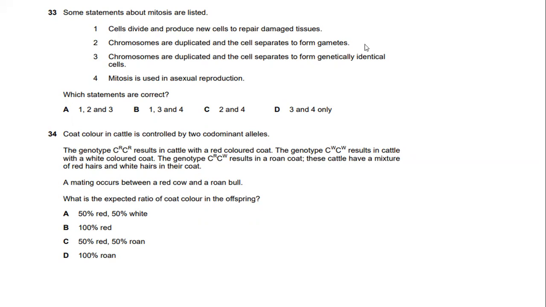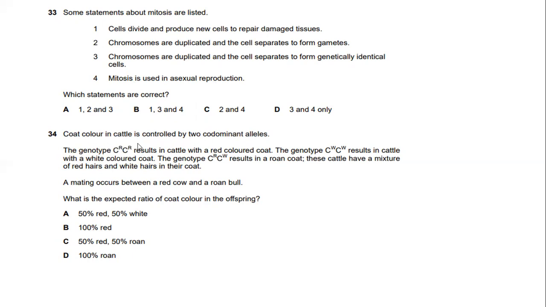Number 2 is not applicable. Chromosomes are duplicated, and the cells separate to form genetically identical cells. Yes, can be accepted. Number 3. And mitosis is used in asexual reproduction. Yes. So the answer is 1, 3, and 4. So which statements are correct is D.